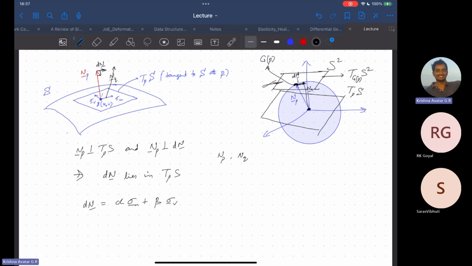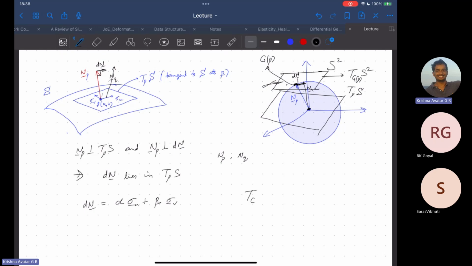What I'm trying to say is that n and the dn vector lie in this tangent plane, which is tangent to S2 at the point G(p), and G(p) is nothing but the Gauss map of point P on the S2 surface. I'm sure it will take some time to understand, because it really took me quite some time to figure this out. It seems very easy, but to visualize it is hard.